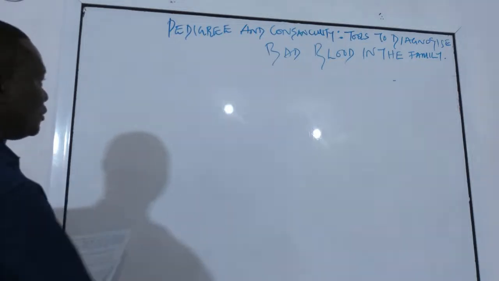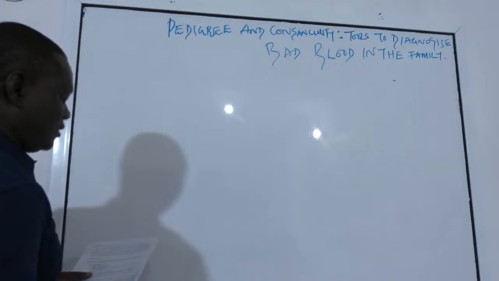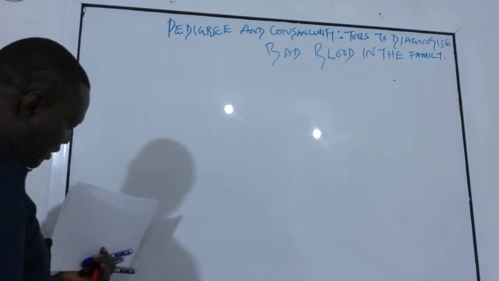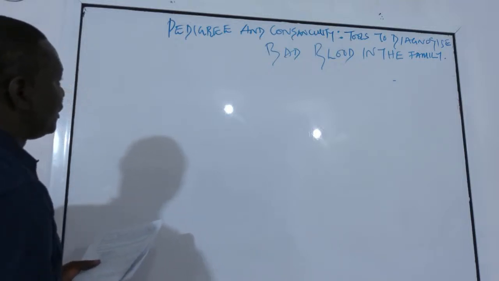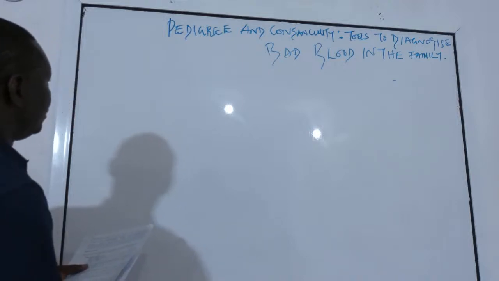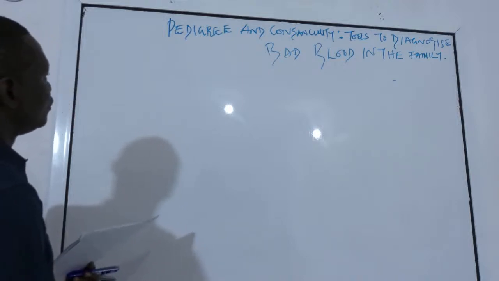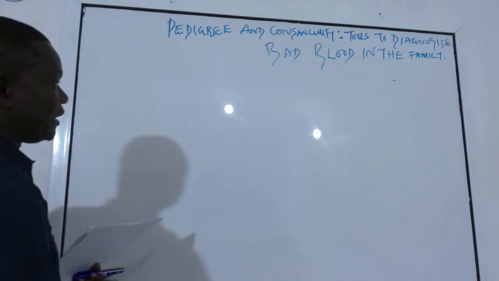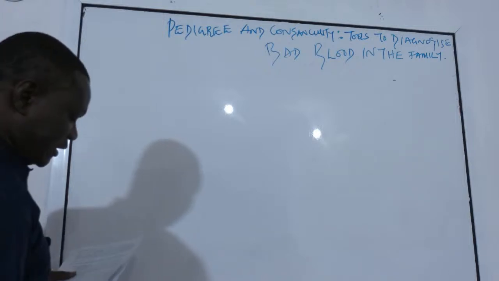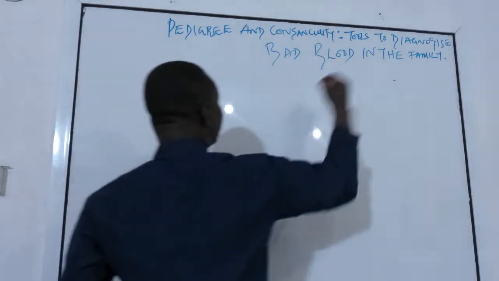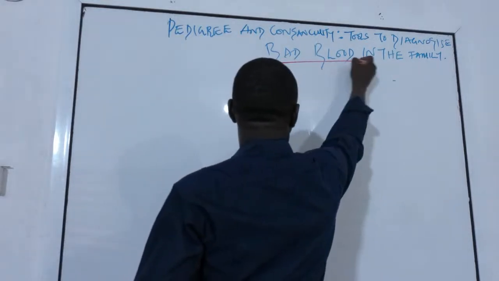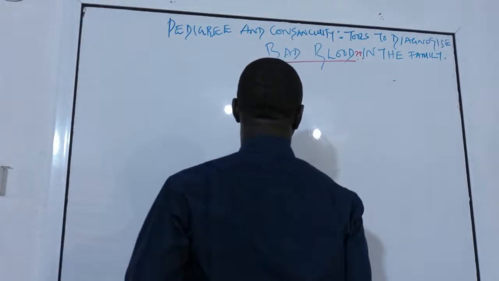Then I said consanguinity is nothing but the practice of intermarriage between two couples that are related by blood. And just like I said, genetically, what do we mean by bad blood?